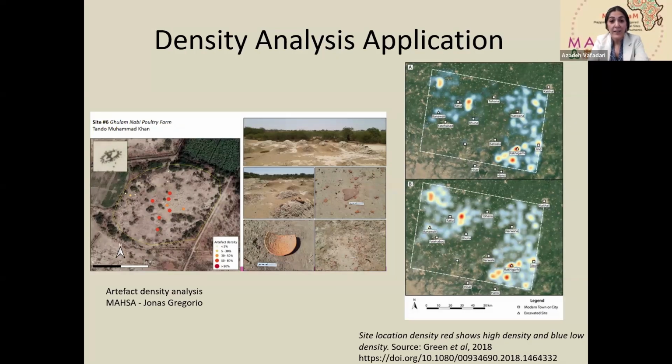And if you're looking at a more regional level, the use of a heat map also helps to show density of site locations. In this example, red is showing high and blue showing low density. And the bottom picture is showing the surveyed legacy data recorded before 2009, compared with the top image after 2009, showing the density of sites.